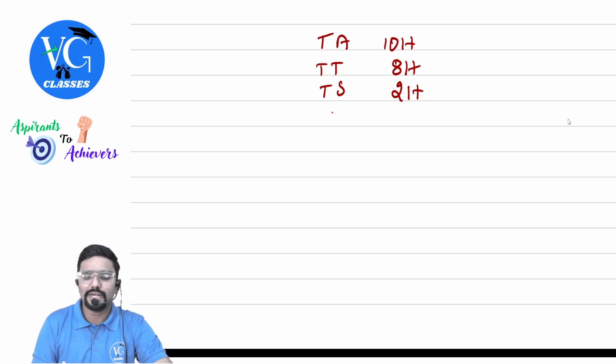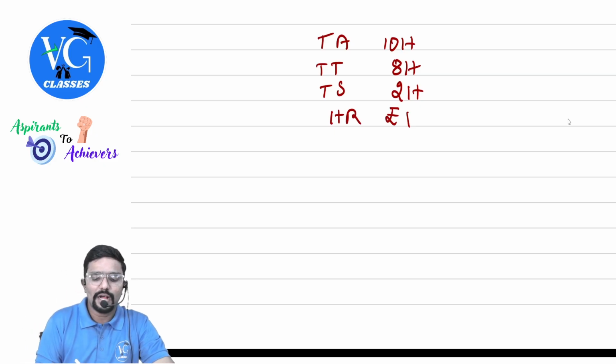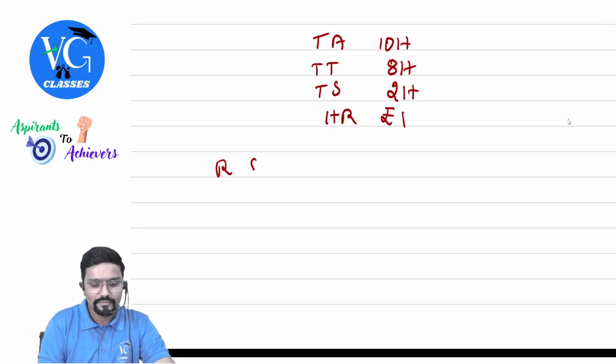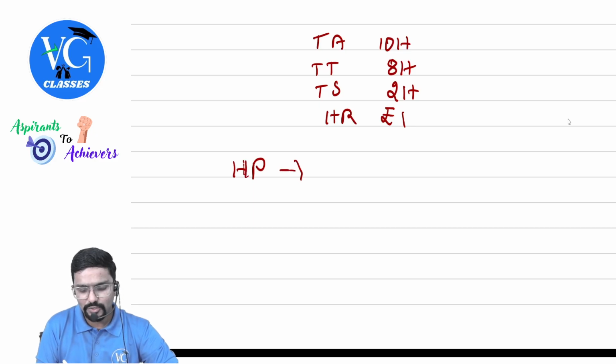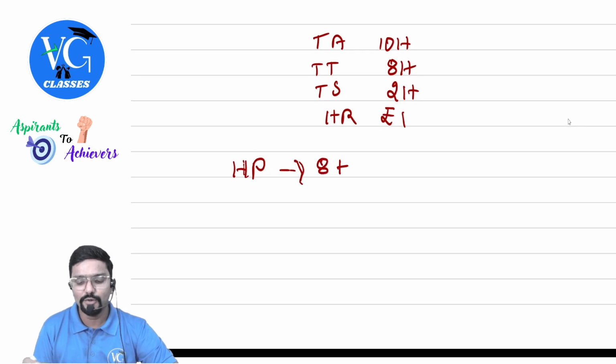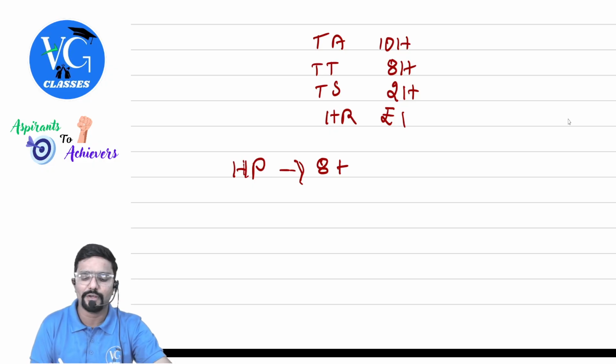Now let me assume that hourly rate is 1 rupee, guys. For easy calculation, hourly rate is 1 rupee. Now, under Halsey scheme, or Halsey plan we will do first. Sir, what is the total wages? Time taken into 1, that is 8 into 1, 8 rupees, plus bonus, time saved 2 into 1, 2 rupees, into 50% of it, 1.